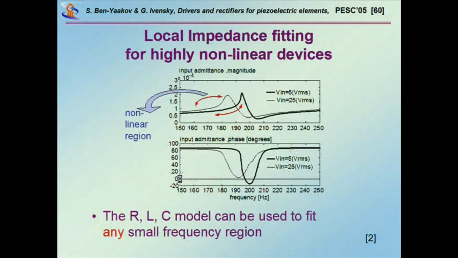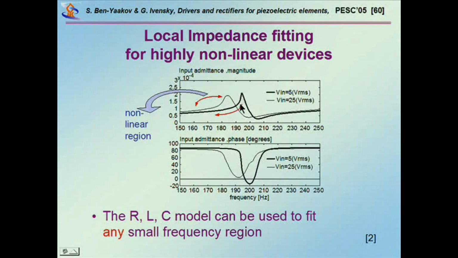Okay. The point of this slide is that we can do a fitting on any part. It's very difficult to do fitting for the whole thing because then you'll have portions which are well fitted and portions which are not.